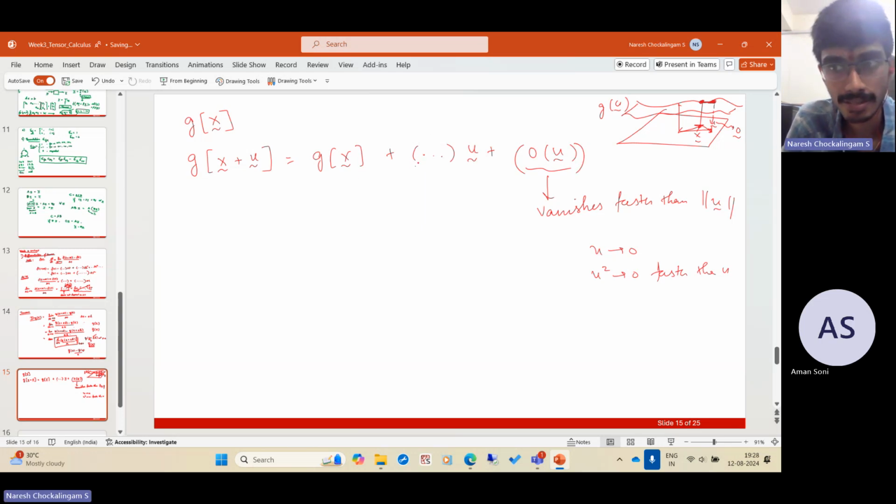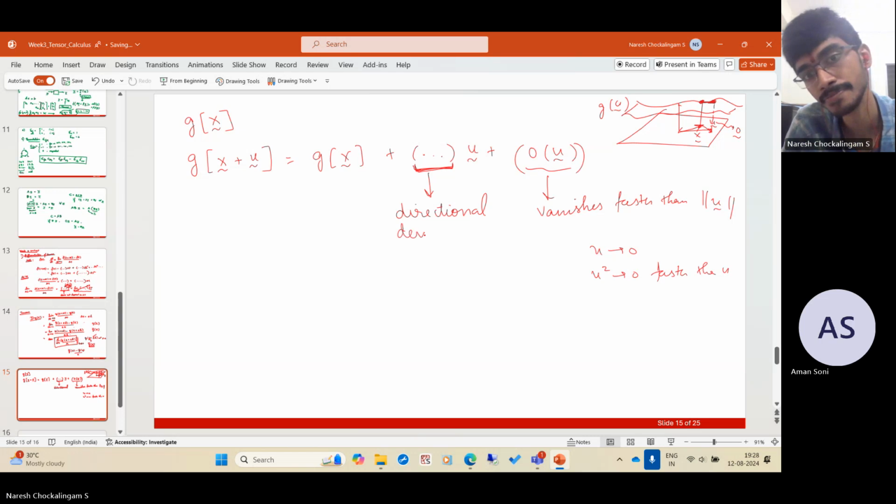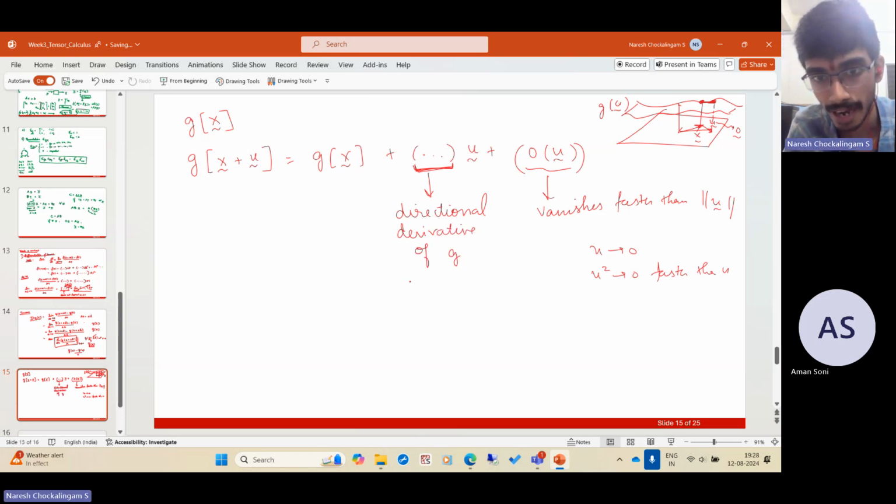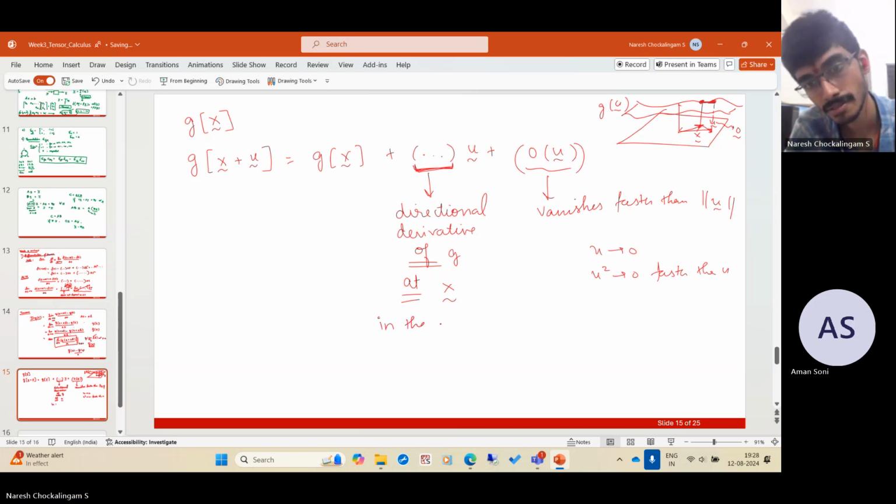And the remaining part is linearly dependent on u. This quantity, if it exists, is called the directional derivative of the function g at the point x in the direction u, right?